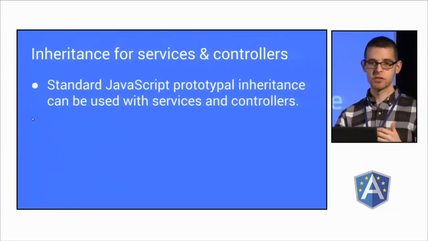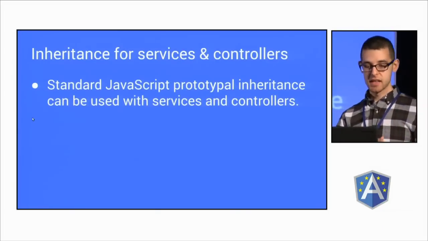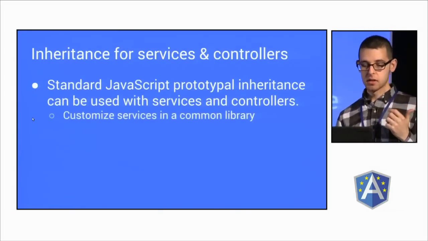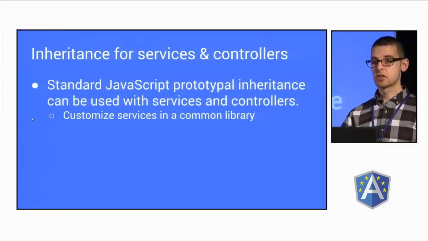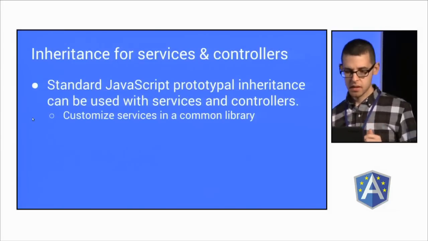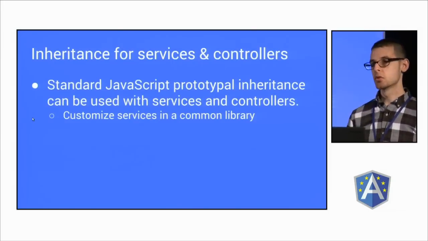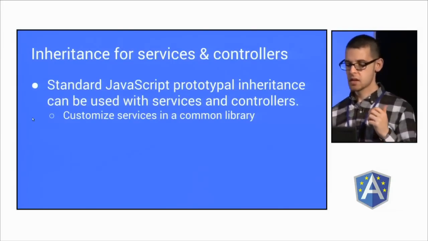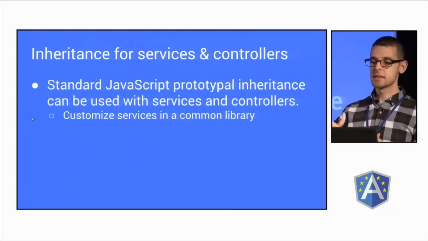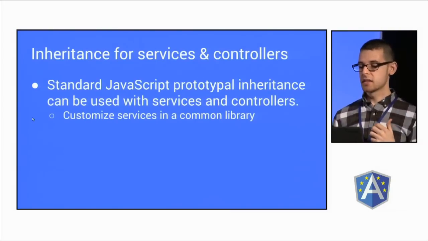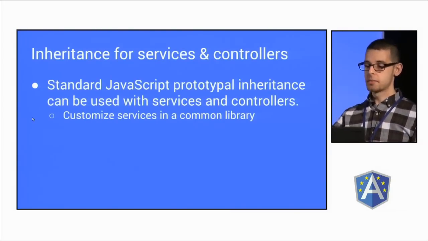The second useful situation for using inheritance is for components, directive controllers in particular. This is really useful when you have some component that comes in multiple different flavors that are kind of on the same idea. In our case, it's a standard select drop-down widget.